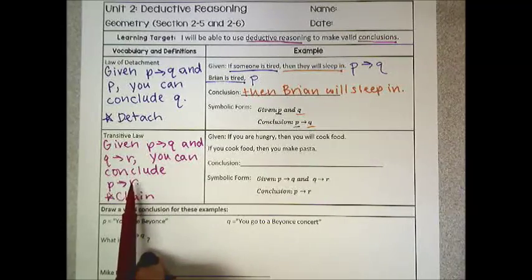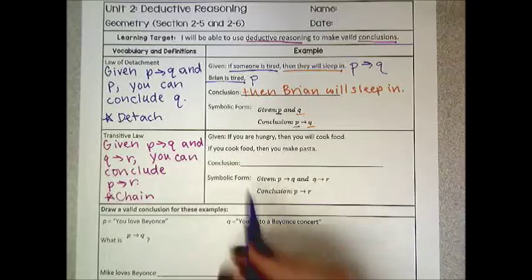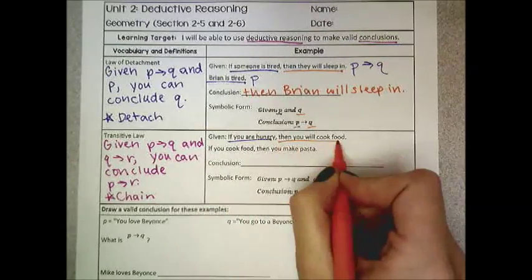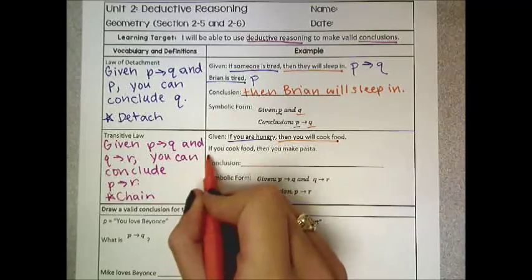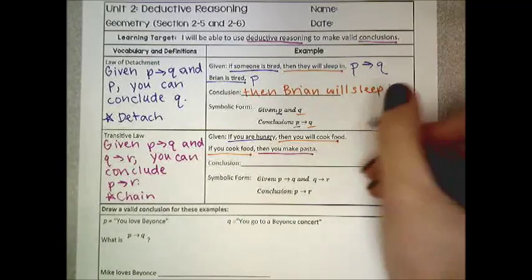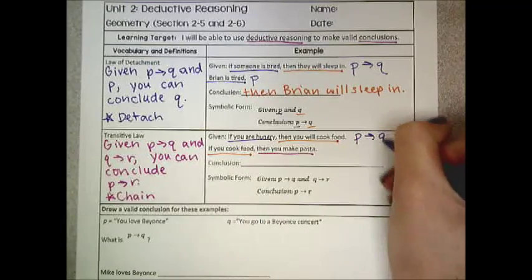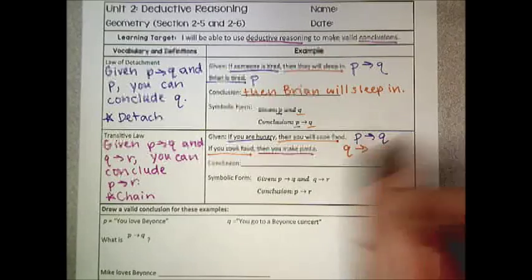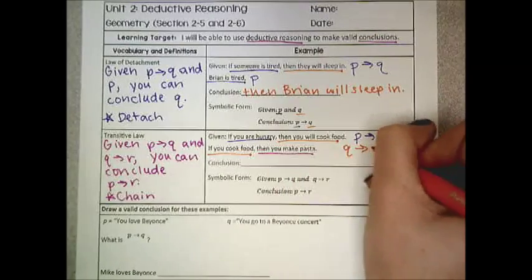If P, then R. So our example, if you are hungry, then you will cook some food. If you cook some food, then you make pasta. So I'm given if P, then Q, and then my Q connected to a new statement. So I need a new letter to represent that.